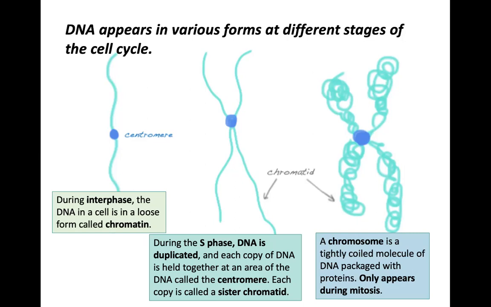In both cases, the chromatids are attached by a centromere. The chromosomes you are going to find in mitosis. Chromatin will be found in interphase.